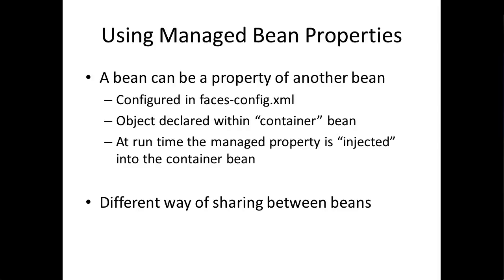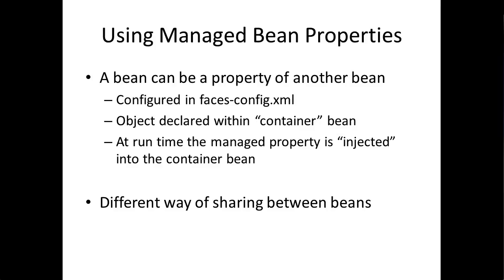For instance, let's say you had a loan bean and you needed to have an interest rate property, and you wanted the interest rate to default to 2% whenever the bean was initially instantiated. Well, you can go to the Faces-config.xml file, put a managed property setting in there, give the value a name and a value, and then when that loan bean is instantiated, automatically the loan rate will be 2%.